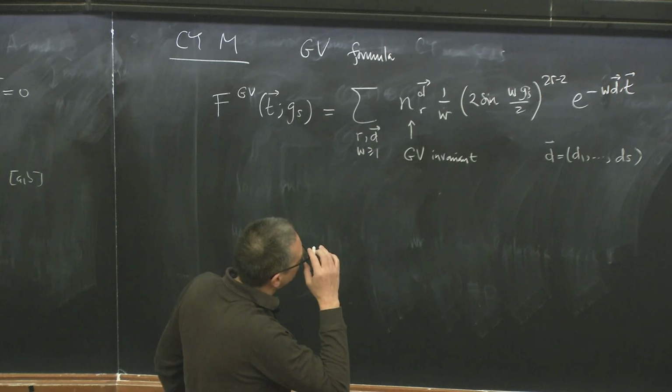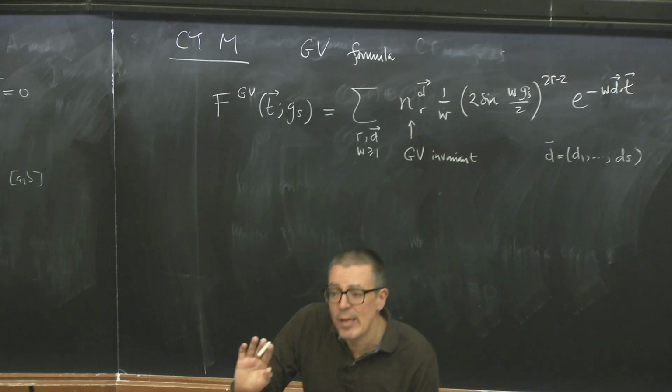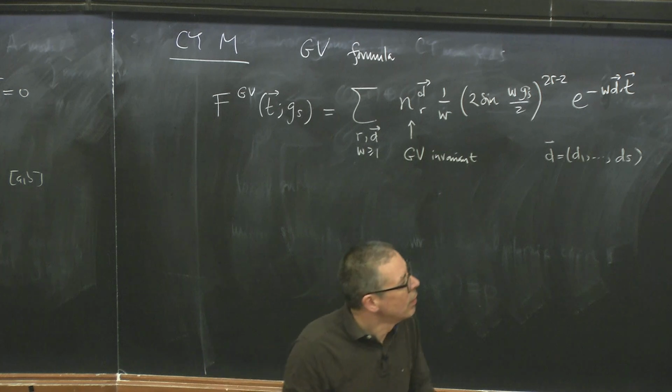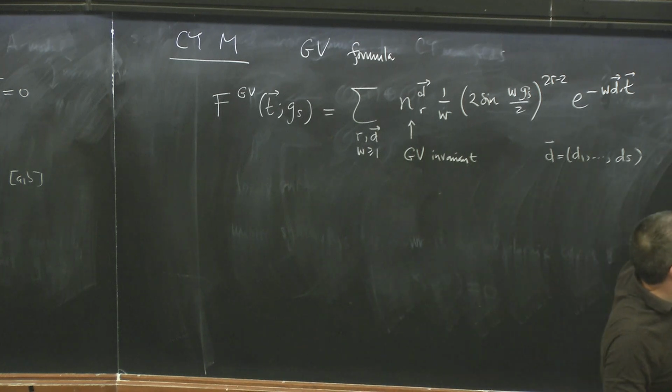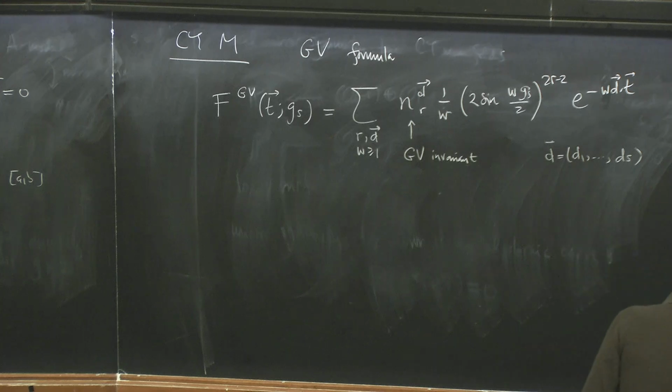Now, this formula is very interesting. It's not really a series in g string, so this is very different from what we have been doing so far. So far, the standard picture is that you consider an asymptotic series in the genera, in which at fixed genus you have this function, and then you have g string, okay?